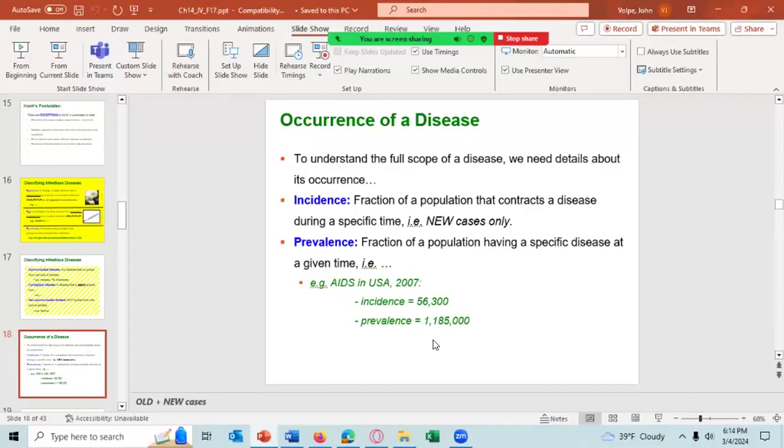Some diseases, we tend to use one term over the other. Like in COVID-19, they usually talk about the total number of people in the United States getting COVID-19, in which case now I think it's way over 1 million. It may be up to 2 million now. And I think our population, I don't remember our population. I think it's around 6 million, but maybe it's more. So a large number have gotten it.